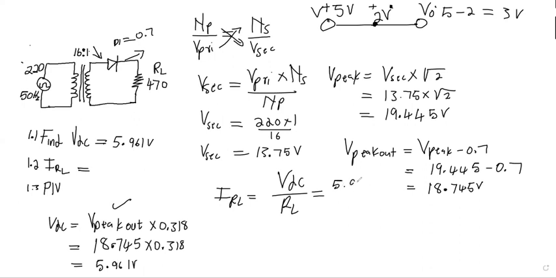IRL is going to be 5.961 divided by 470, which equals 12.683 milliamperes. Look, it's a small letter m.